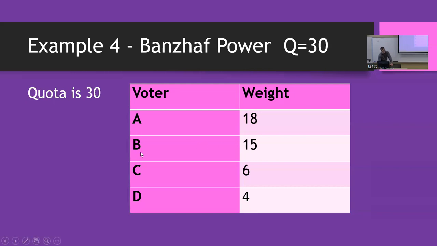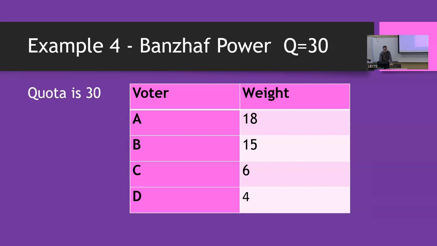There are no single-voter winning coalitions, so I'm looking for pairs. A and B as a pair wins. But A and C as a pair doesn't win. A and D as a pair doesn't win. There are no other pairs other than A and B that win.